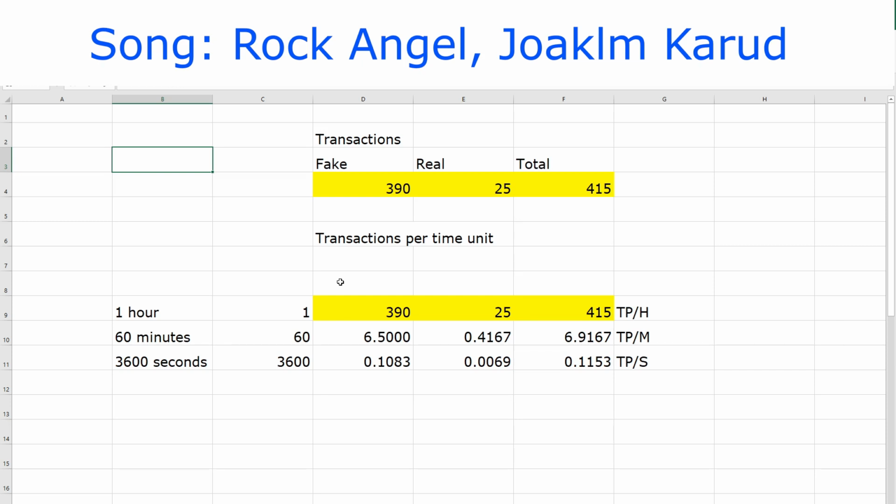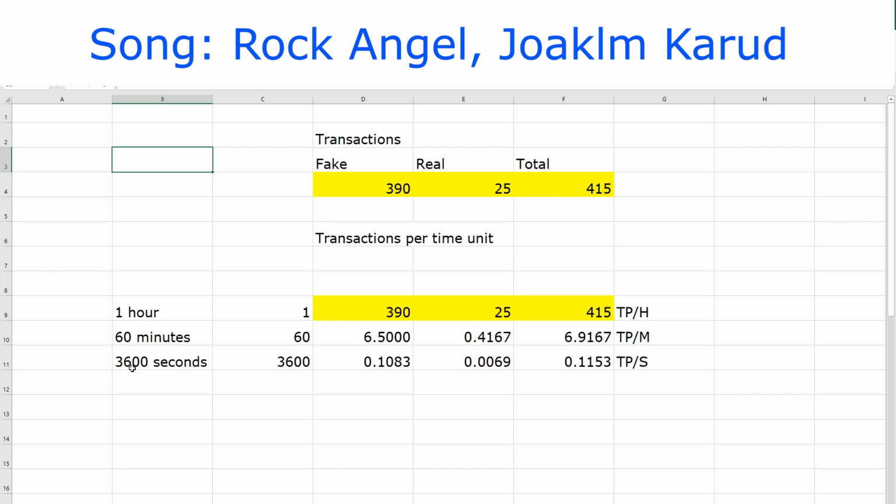So running the numbers, we got 390 fake transactions in an hour, 25 real, and 415 in total. Dividing that down into minutes, you've roughly got 6.5 fake transactions per minute, 0.4 real transactions per minute, and 6.9 transactions per minute in total.